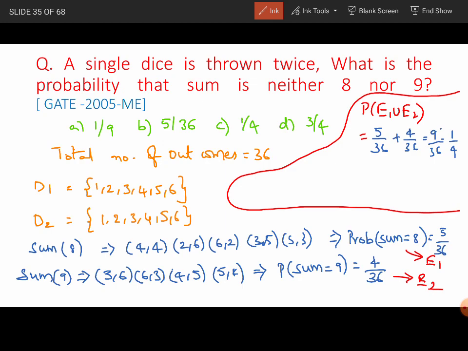And now what do we actually need to calculate? The probability that the sum is neither 8 nor 9, nothing but 1 minus the probability of E1 union E2, which is equal to 1 minus 1 by 4. Your answer is 3 by 4. 3 by 4 is the answer.